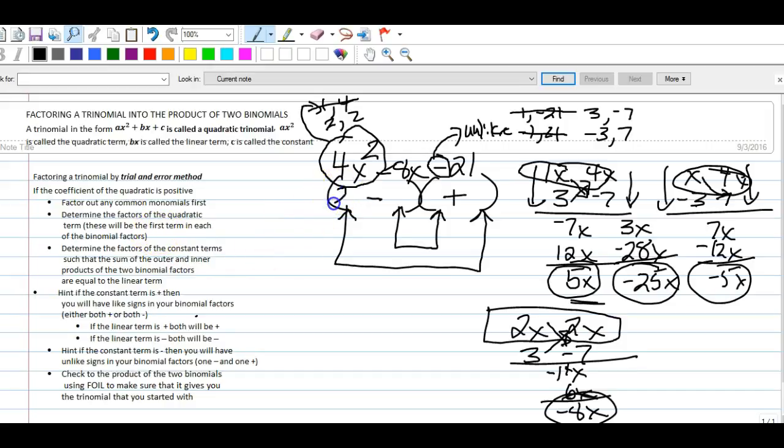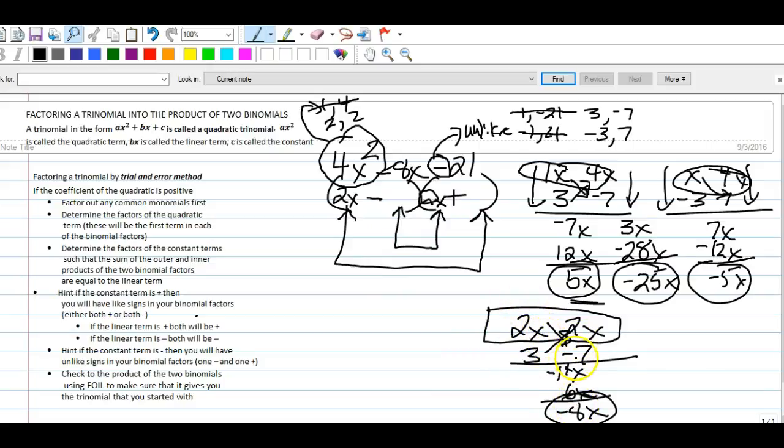So a 2x goes here, and a 2x goes here. Now it does matter where you place the 3 and the minus 7. Even though your quadratic terms are the same, the signs here are different, so it does make a difference where you place those. So let's look at the combination that gave me the minus 8x.